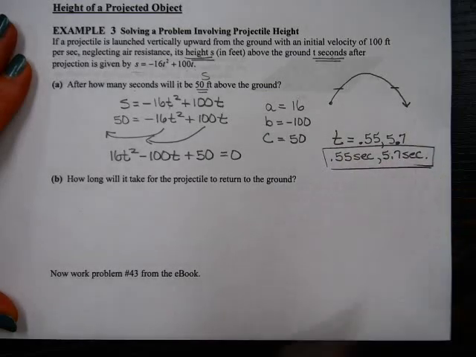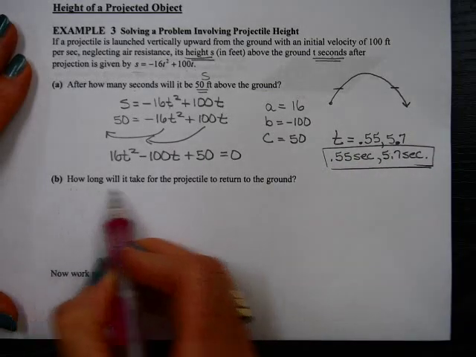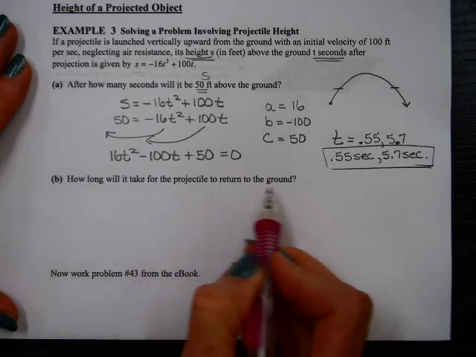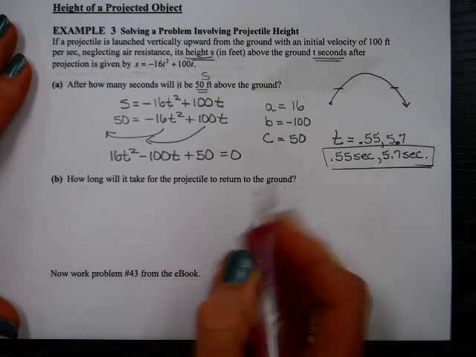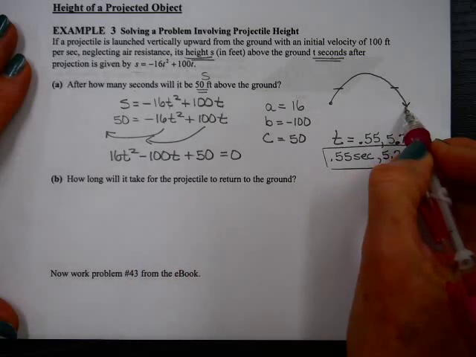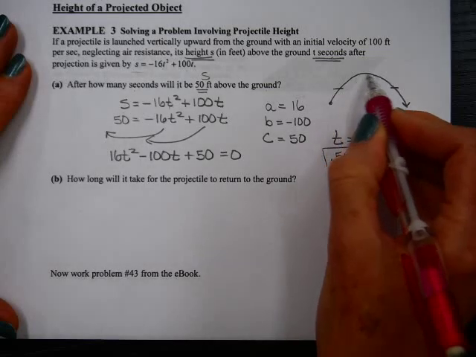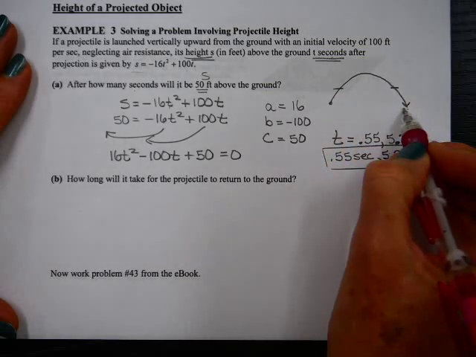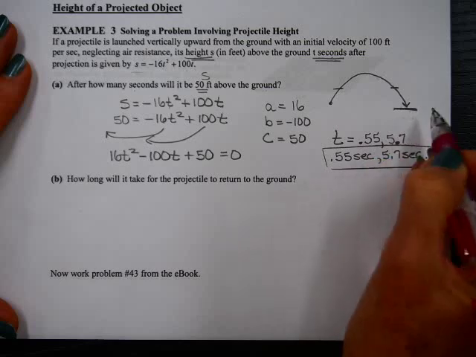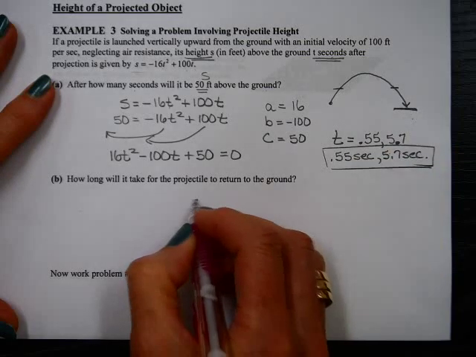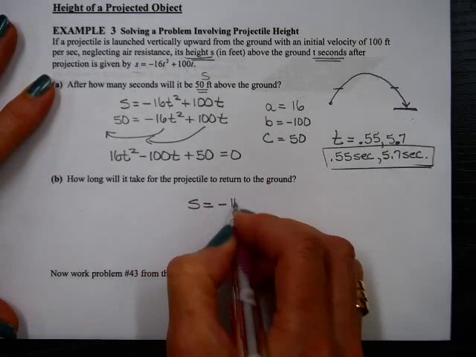All right, for the second part of the problem, how long will it take for the projectile to return to the ground? All right, well, back to this drawing. It starts up here and it's coming back and it hits the ground right here. The formula that we've got to use is this one.